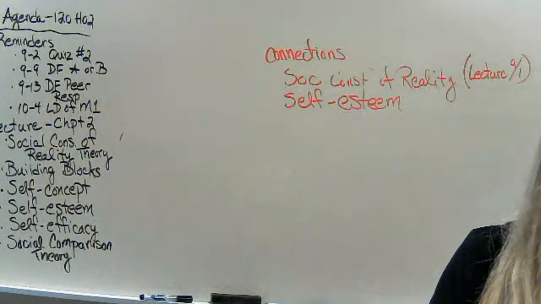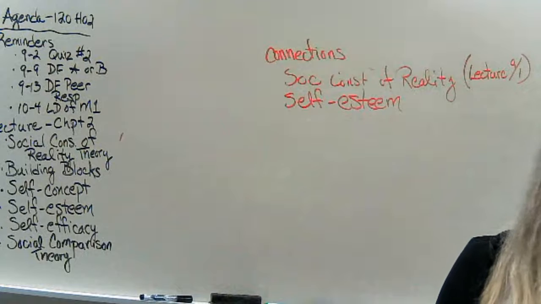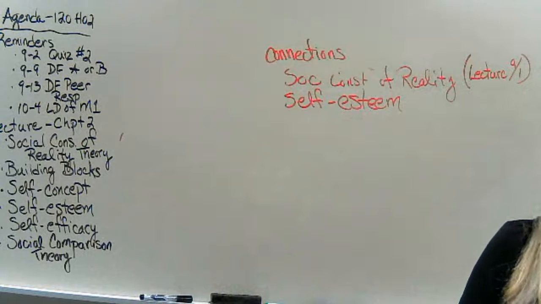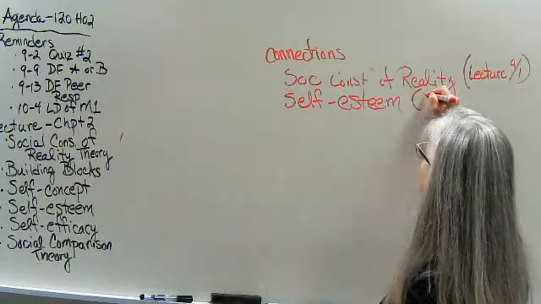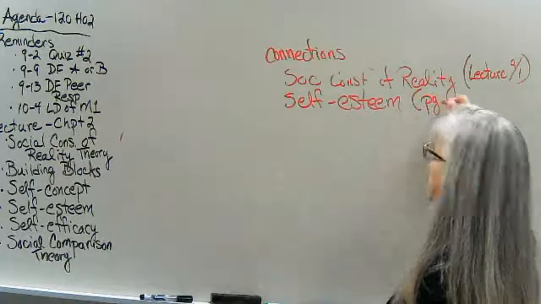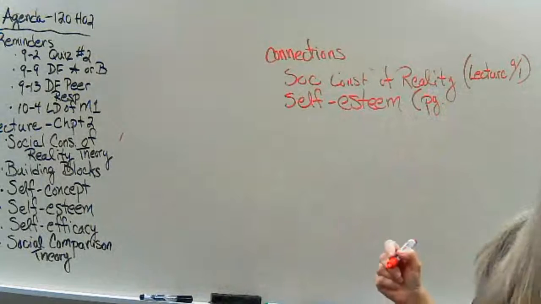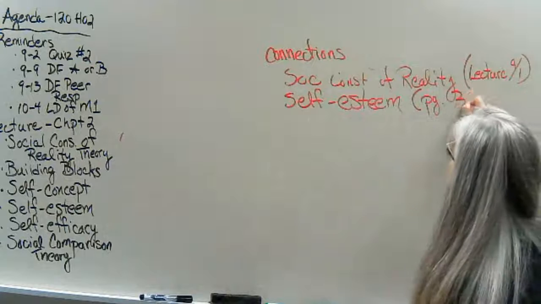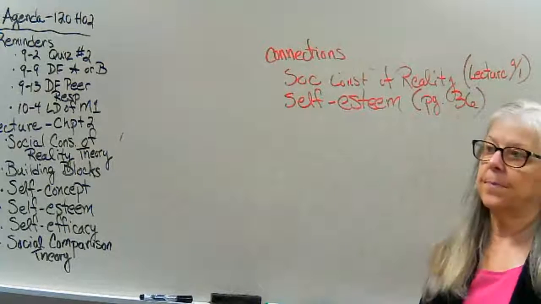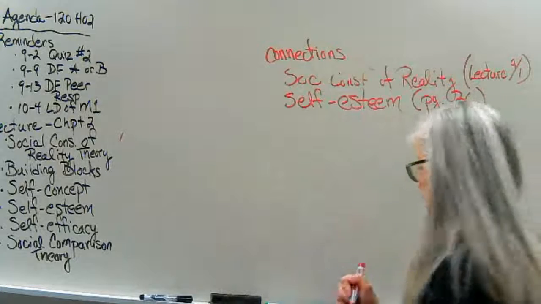Well, in your textbook, on page 36, it talks about self-esteem and gives a definition. So your connection is going to be the textbook. We all know what the textbook is, so you don't have to say it. You're just going to say that it is on page 36, in parentheses. All right?